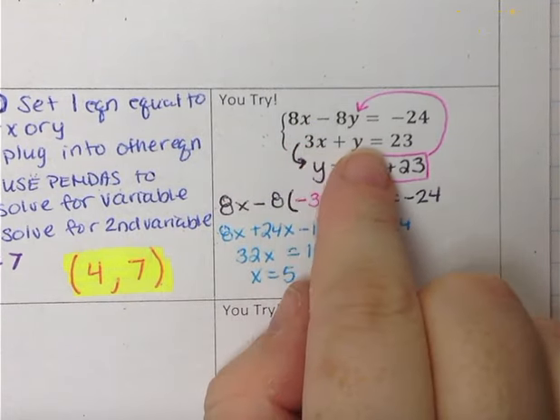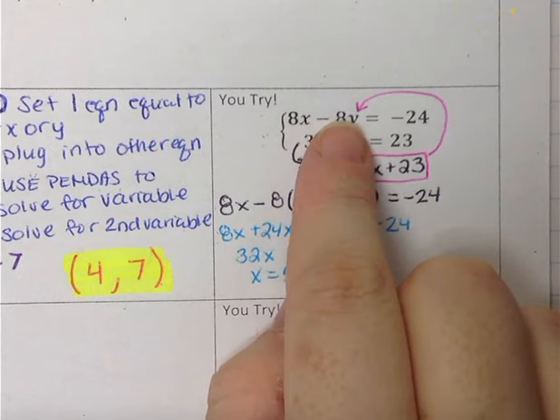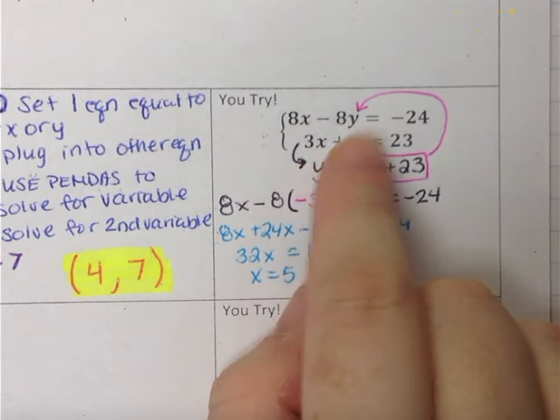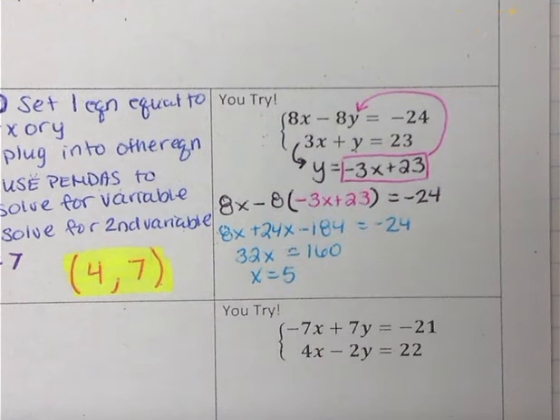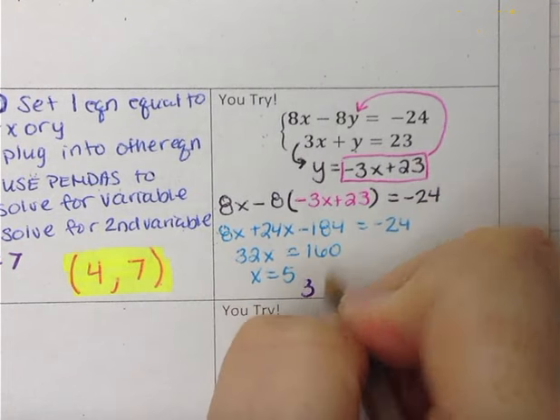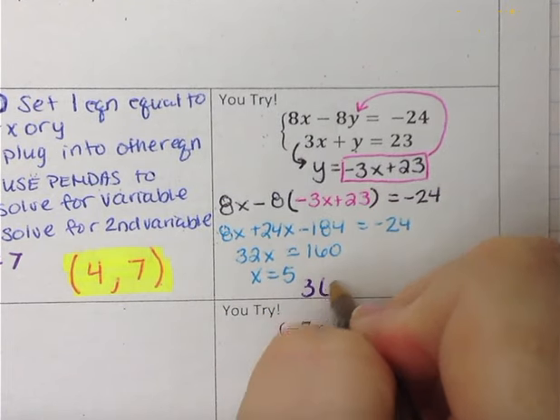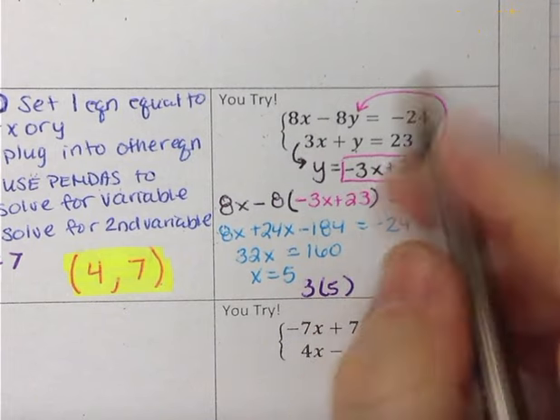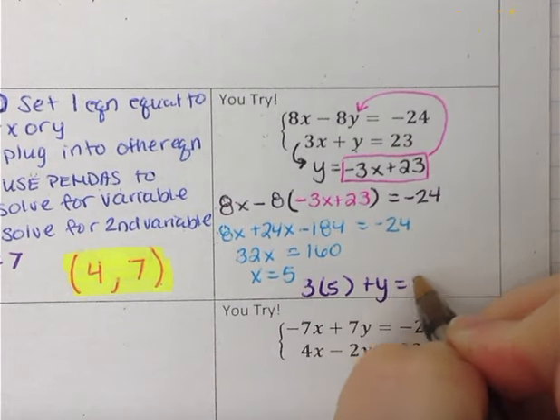So since the first one has multiple things on the y, but the second one doesn't, I'm going to plug it into the second one. Again, it does not matter which one you plug it into. So into the second one, I'm going to put 3x, and my x is 5, so I'm going to put parentheses 5 plus y is equal to 23.